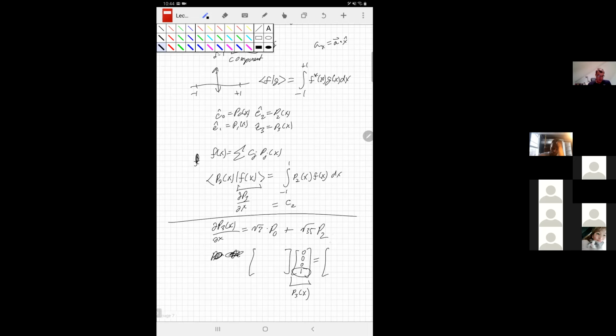Well, we get square root of 7 P0. We don't get any P1. We get square root of 35 P2, and we don't get any P3. So that when we take the derivative of this polynomial, we get out the weighted sum of these two functions.